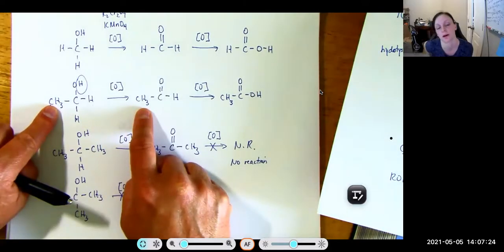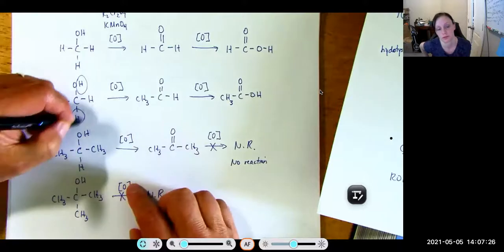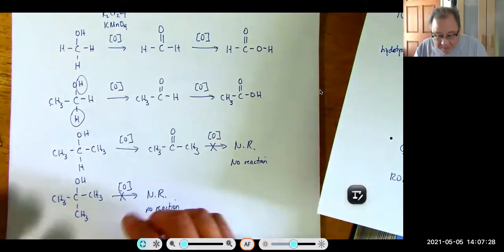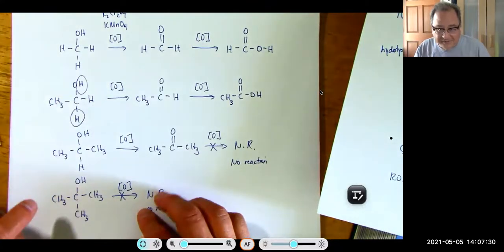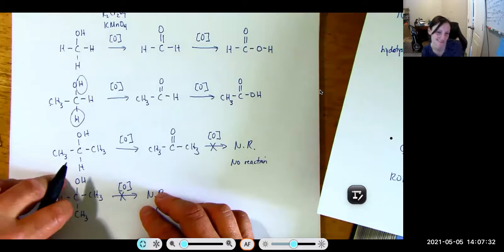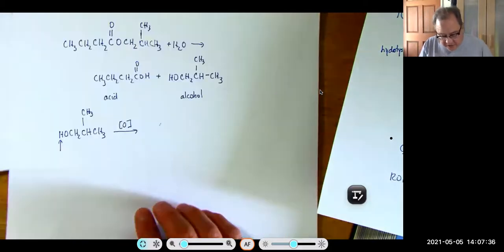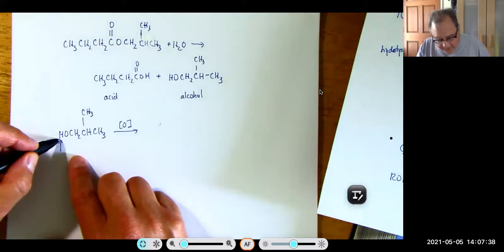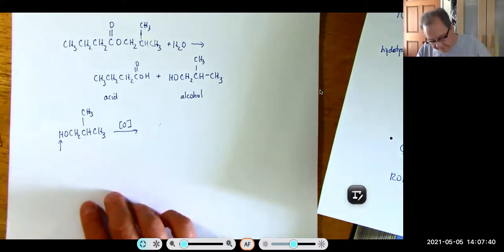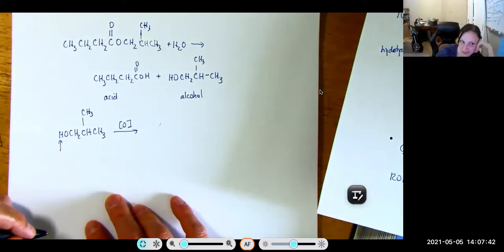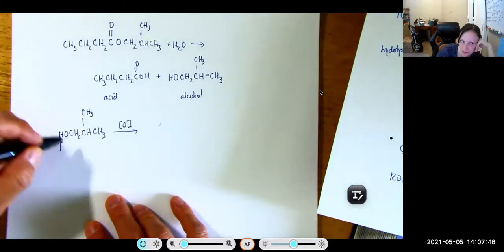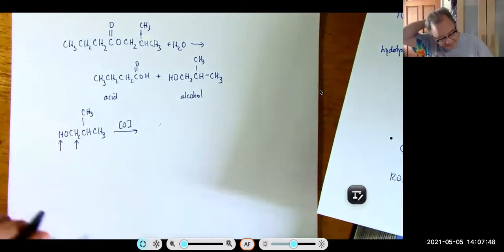The second carbon, carbon 2. Oh, but it's carbon 1 because it's where the OH is. Oh, yeah. Okay, so here, if we take this hydrogen, where are we going to take another hydrogen from? That first carbon. Correct.